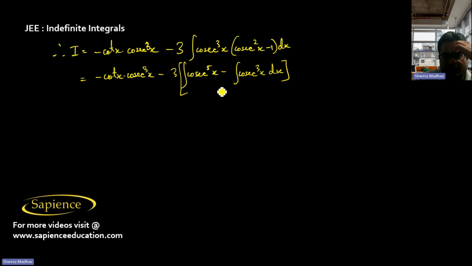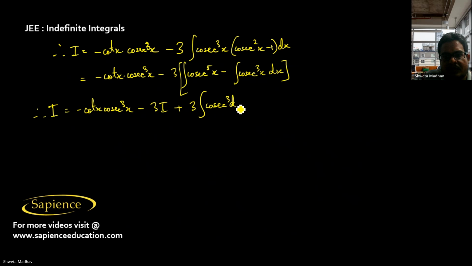Now this we can write as the integral I. So the integral I can be written as minus cot x into cosec cube x minus 3I plus 3 into integral cosec cube x dx. Now this one again we can take as I1.